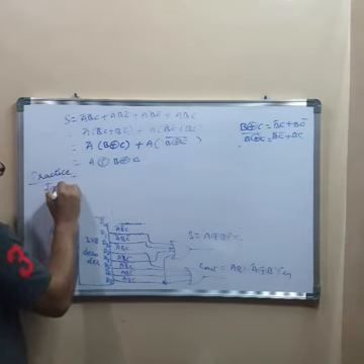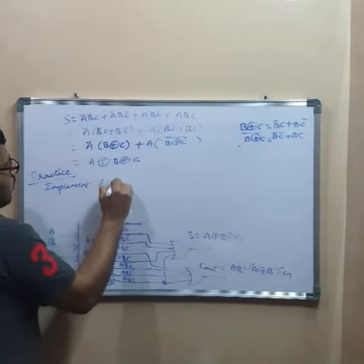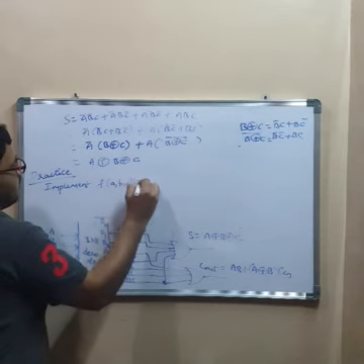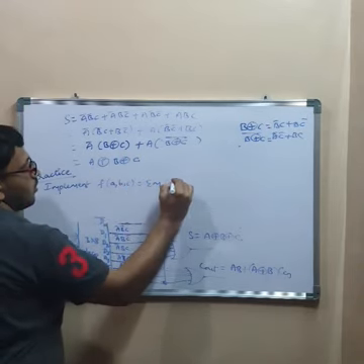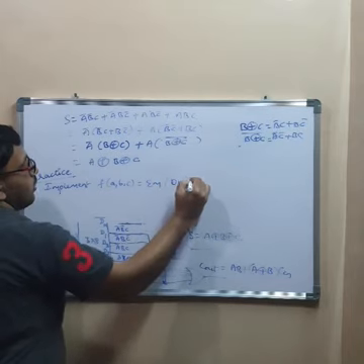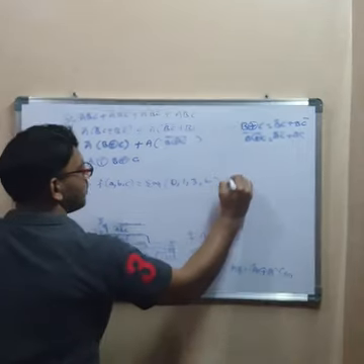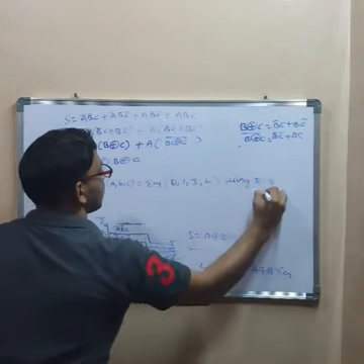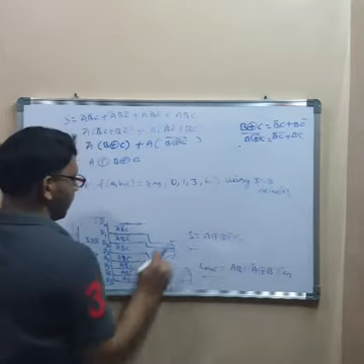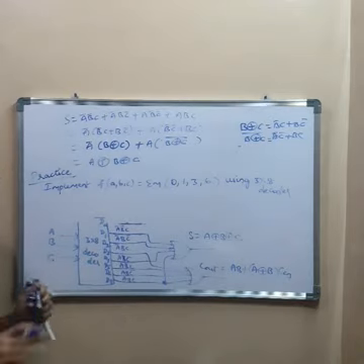Implement f of ABC equal to summation of minterms 0, 1, 3, 6 using a 3 into 8 decoder. Just take the 3 into 8 decoder and connect the corresponding minterms to an OR gate. That's it. It will be completed.